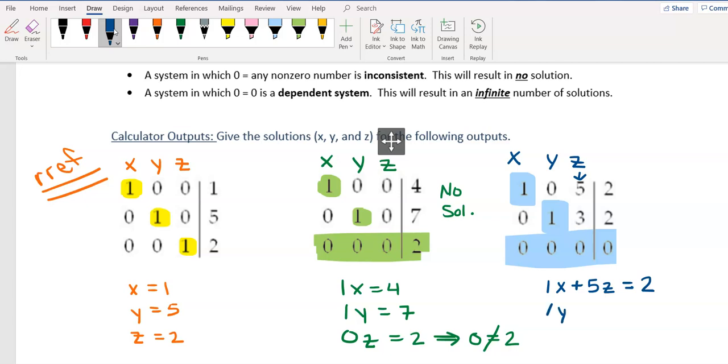We have 1y plus 3z is equal to 2, but it's telling me that 0z is equal to 0. 0 times z, we know, is equal to 0. So this is telling me that 0 is equal to 0, which is in fact true. So that is why this one is your infinitely many or dependent system.